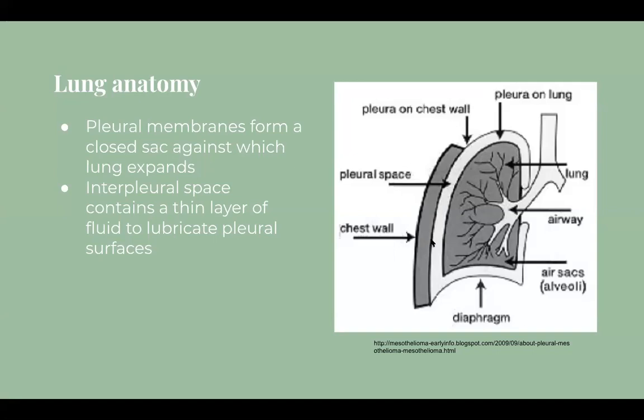In this interpleural space is a thin layer of liquid to lubricate the surfaces. Otherwise, these two separate pleural membranes would be rubbing against each other and creating friction, which is not favorable. That's about the extent of the depth you need to know about these.